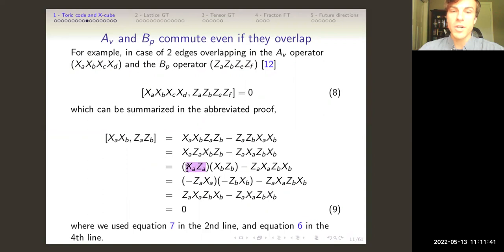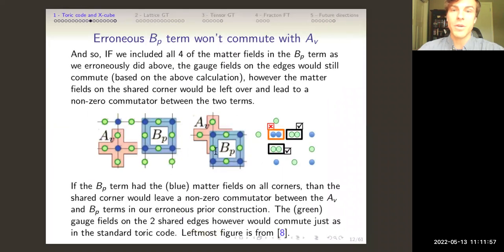However, when they are sharing the same site, we pick up a commutation. But as those two minus signs cancel, we end up with the fact that two measurements on different sites like this actually do commute. However, the issue here is that if we, as we did naively, include the matter fields, this corner that's shared will end up leading the commutator to be non-zero.